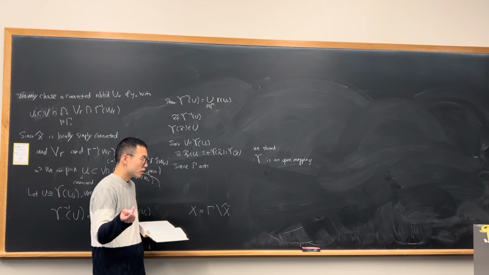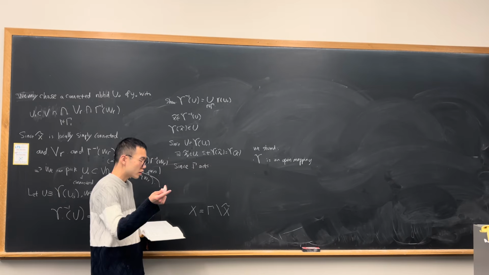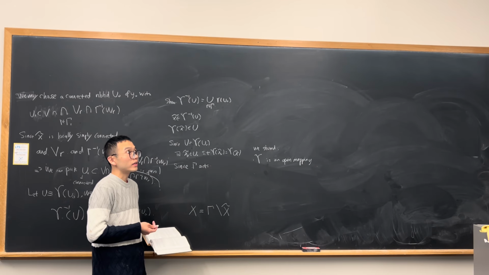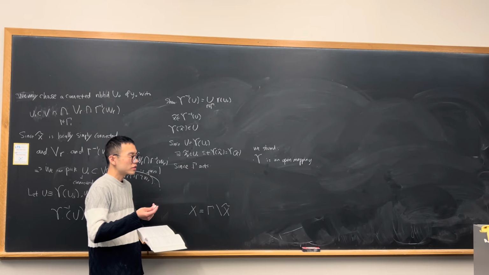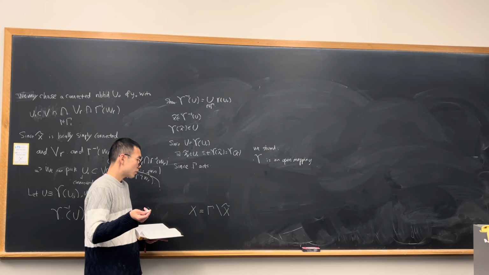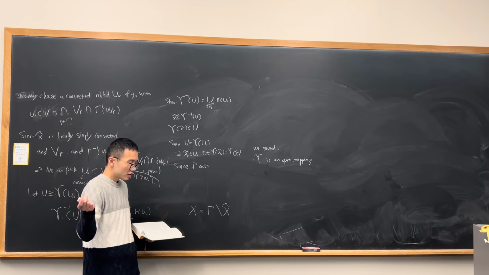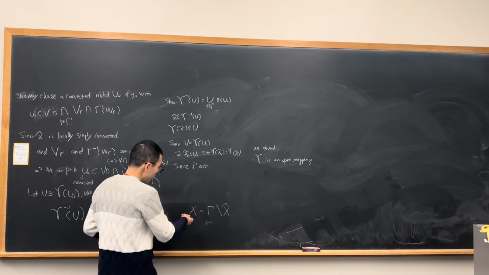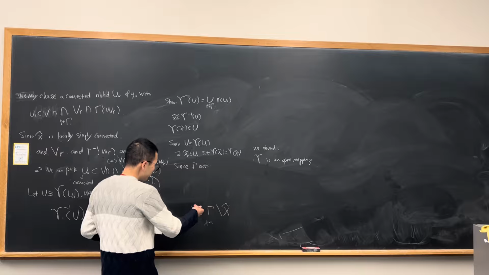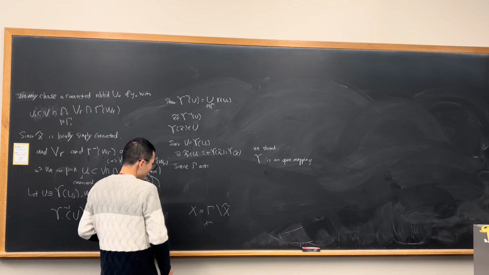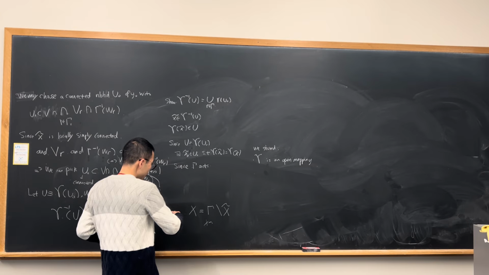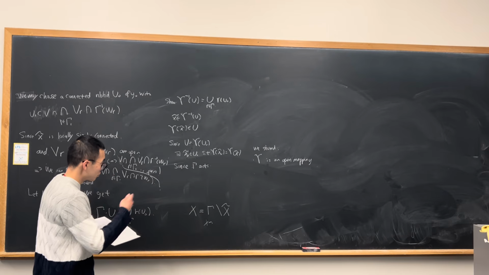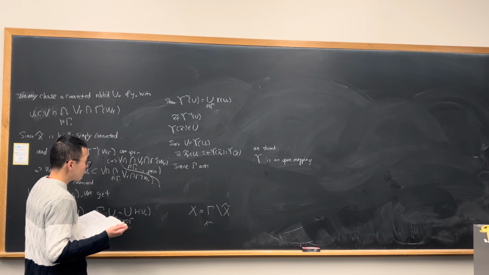The points are related by the relation that two points are related if and only if one point is the image of another point under some element in this gamma.